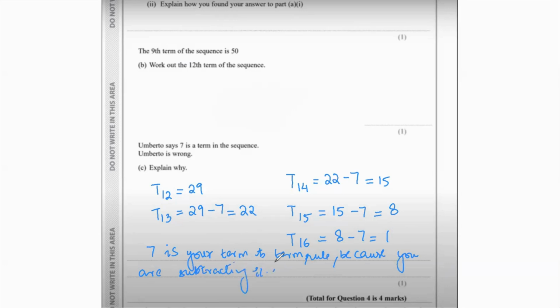So there's a difference between the two things. 8 and 1 are the smallest terms that we're getting, not 7. But 7 is what we're subtracting from each term to get the next number in the sequence.